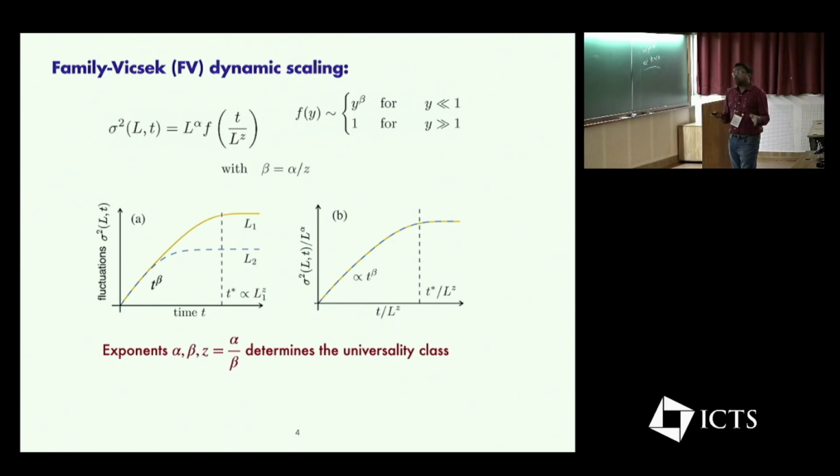After a certain saturation time, denoted by t star, which goes as the domain size raised to z, the dynamical exponent, it saturates at a value which depends on the system size. If you do a proper scaling, all these curves collapse, and these exponents alpha, beta, and z, where alpha is the saturation value exponent, determine the universality class. Often alpha by beta determines the universality class.